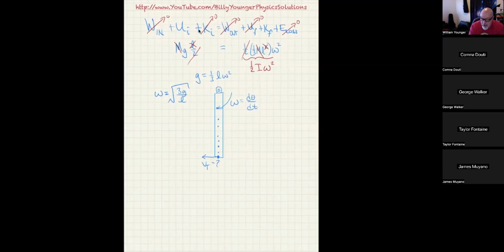So we know in general that V is equal to R times omega. So what R are we going to use to calculate the velocity of the tip? How far is the tip from the center of rotation?